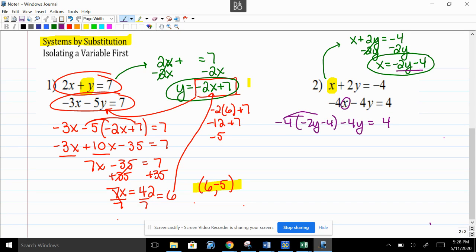Distribute the negative 4. Okay, negative 4 times negative 2y, that's positive 8y. Be careful with your signs. Negative 4 times negative 4 is positive 16. Again, be careful with your signs. Minus 4y is equal to 4. 8y, take away 4y, that's 4y. Plus 16 equals 4. Minus 16, minus 16.